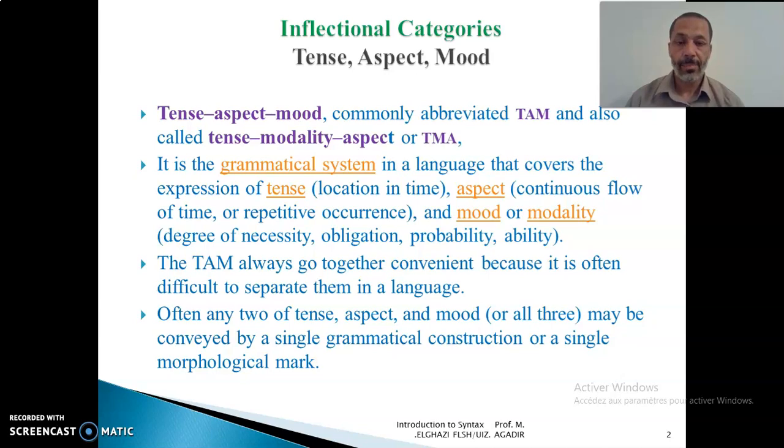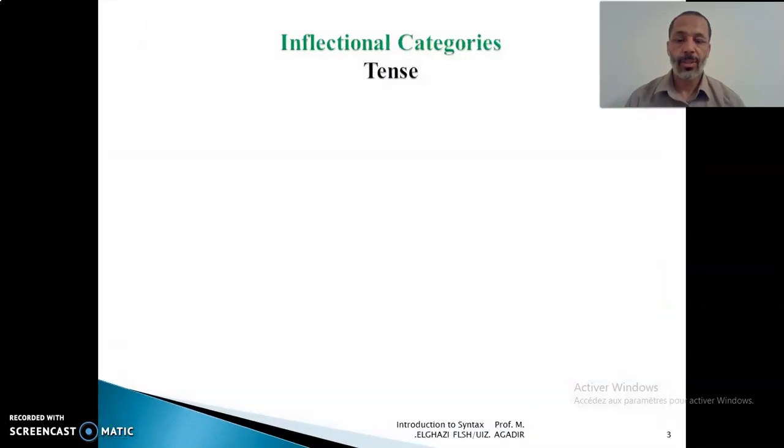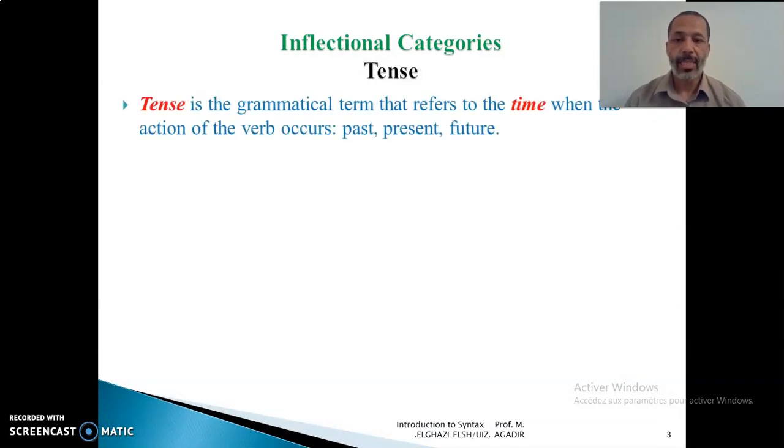So most of the time, especially in English, which is a language in which you have weak morphology on the verbs, you don't find morphological marks of tense separated from those of aspect, separated from those of mood. Most of the time, they go together and they are expressed by one morphological form of the verb. Now we're going to see each one of them, and we will explain what they mean.